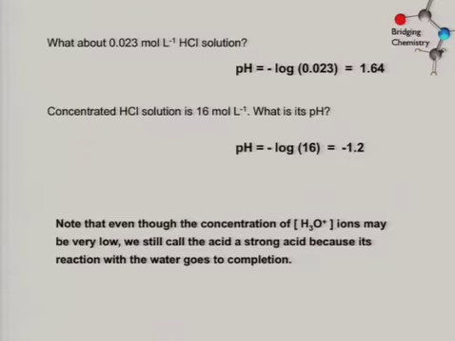You can have a very dilute solution of a strong acid, because a strong acid is defined as being strong because of the way it reacts with the water, not because of how much H3O plus there is in the solution. Does this make sense? So strong acids and weak acids are a different thing to concentrated acids and dilute acids. Okay. Everyone's happy so far?